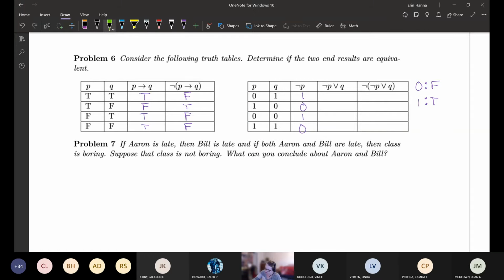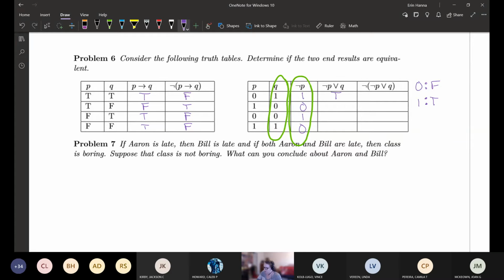If we then need to consider not P or Q, since it's an or, one or the other or both has to be true, or in this case, a 1. So since we have a true and a true, a 1 and a 1, that would be true.